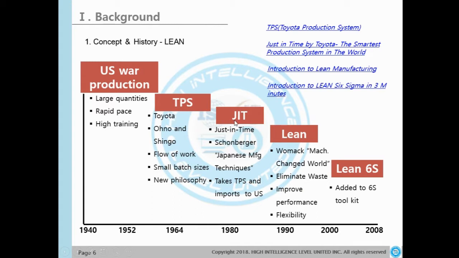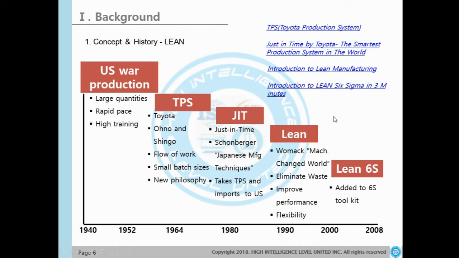And then a part of it, just in time. And in the 1990s, it was developed as lean. And Six Sigma combined with lean, so we call it Lean Six Sigma.